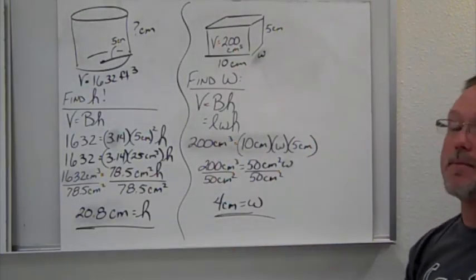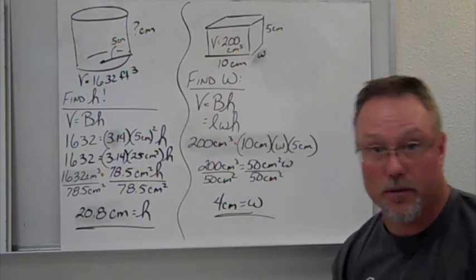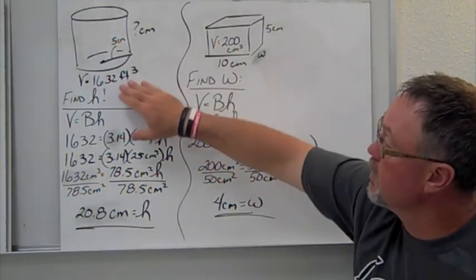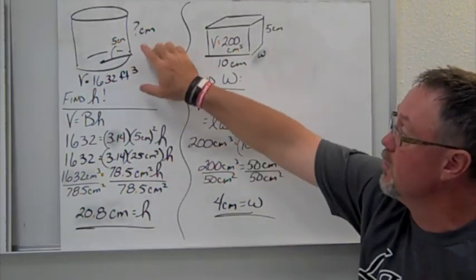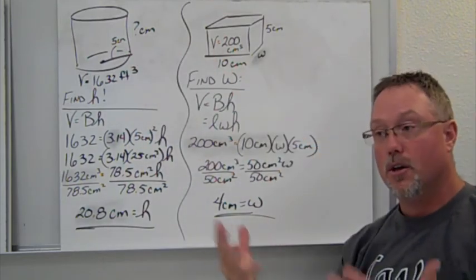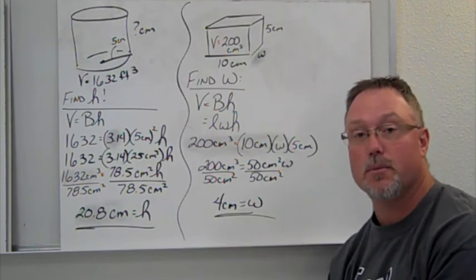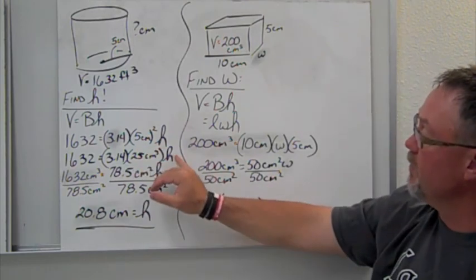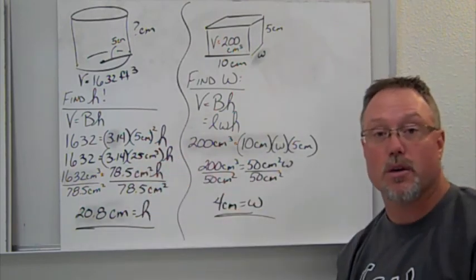The last thing is they may ask you to solve for a certain part of the formula. So in this case, they're going to give you the volume of this cylinder. We have to find the height. Again, it's just putting numbers in, multiplying and simplifying the problem down, and leaving that variable in there. And that's what we're going to solve for.